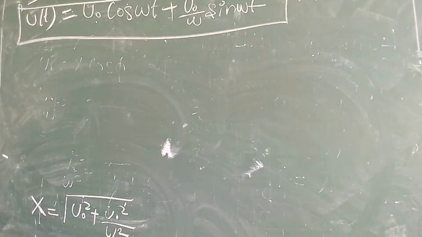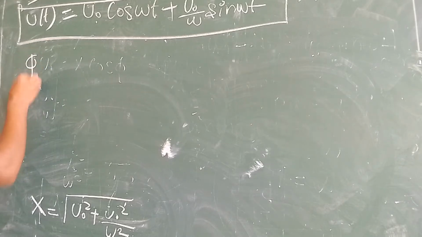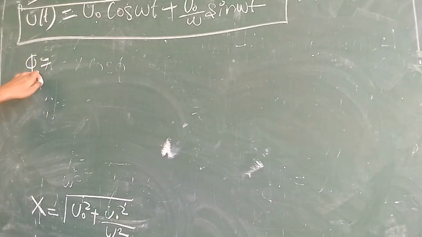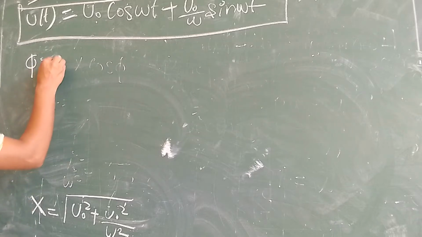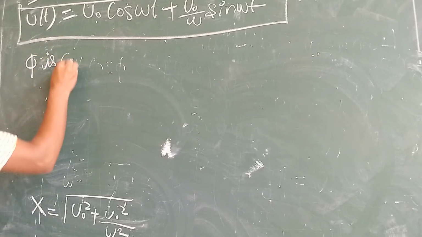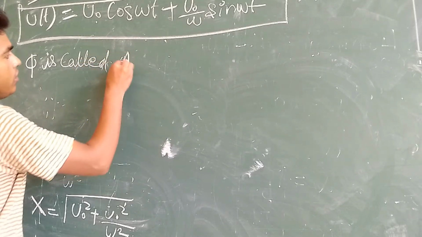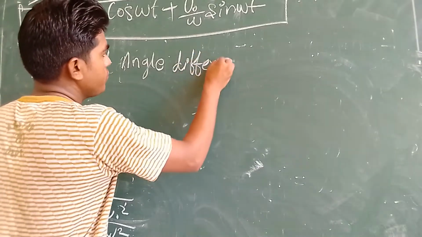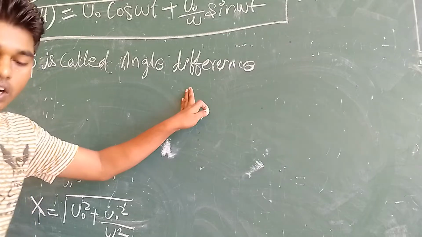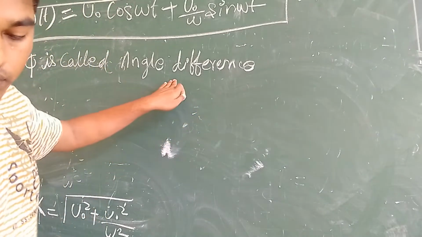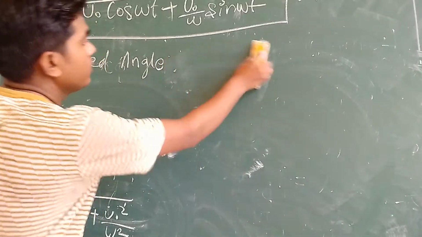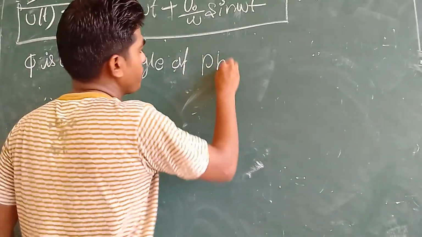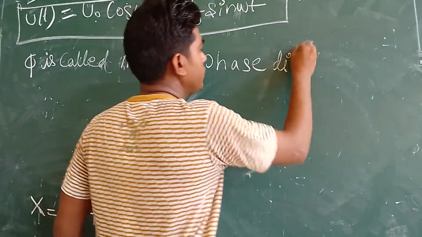Phi is called the angle of phase difference.